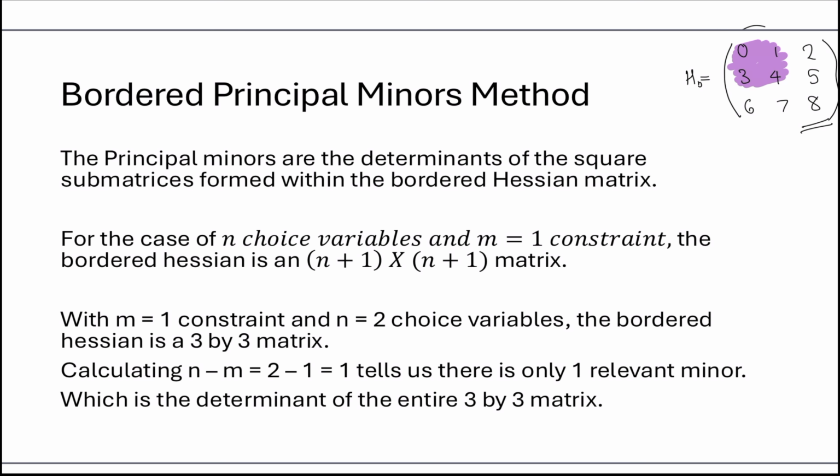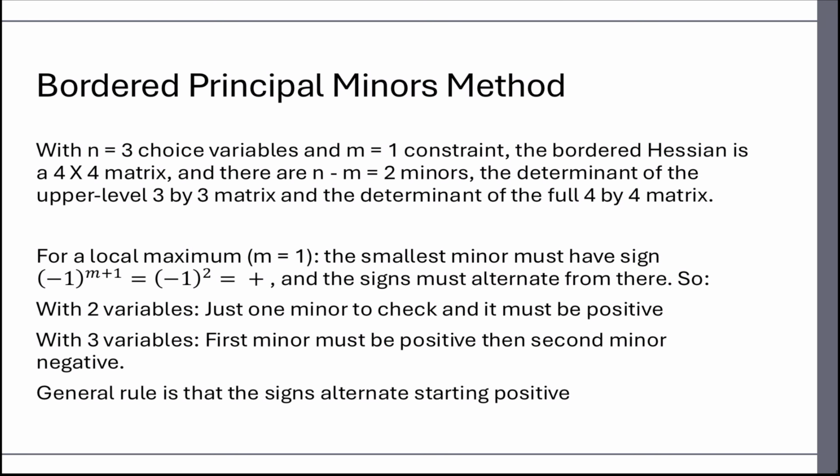If we now had 3 variables and still just one constraint, the bordered Hessian is a 4 by 4 matrix, and there are now 2 minors, which we calculate by doing n, which is 3, minus m, which is 1, so 3 minus 1 is 2. So there are now 2 minors: the determinant of the upper left 3 by 3 matrix, and the determinant of the 4 by 4 matrix.